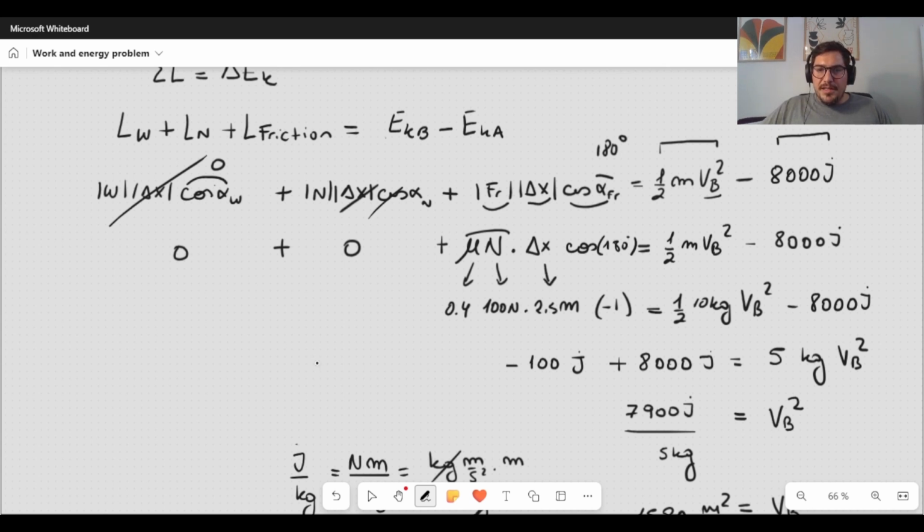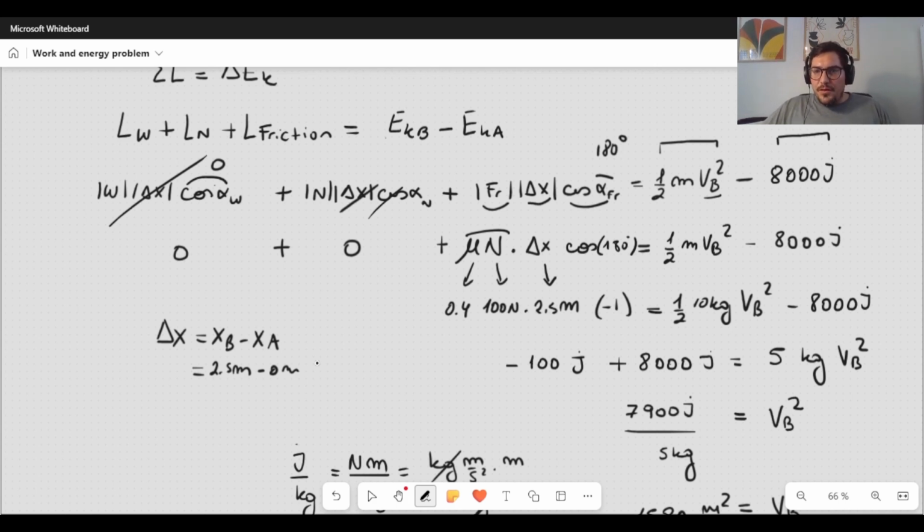The displacement is 2.5 meters, because the displacement is final position minus initial, and as I said before, is 2.5 meters minus 0 meters, okay, 2.5. And the cosine, without sign, but this one is positive, so there is no problem.